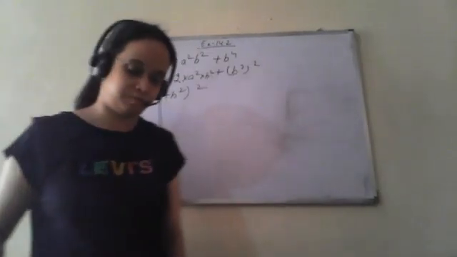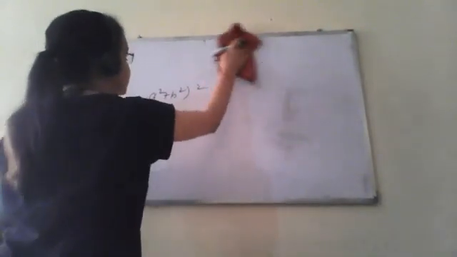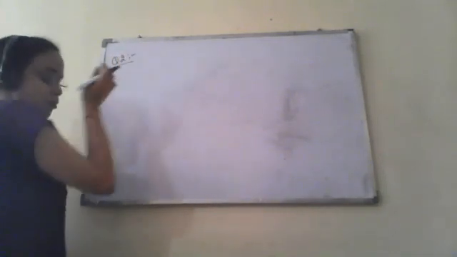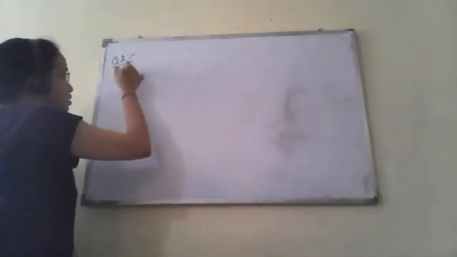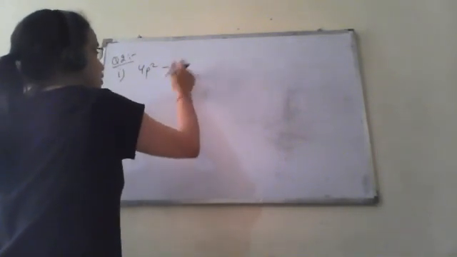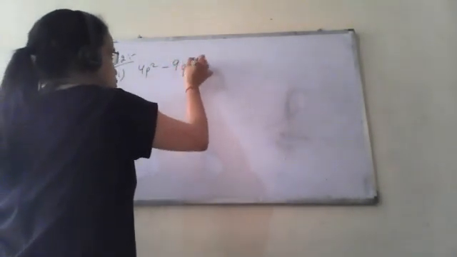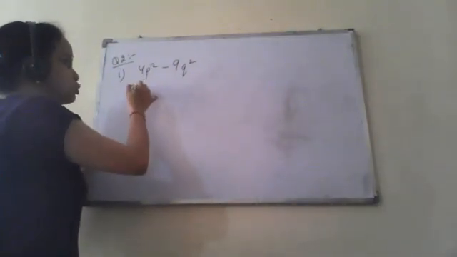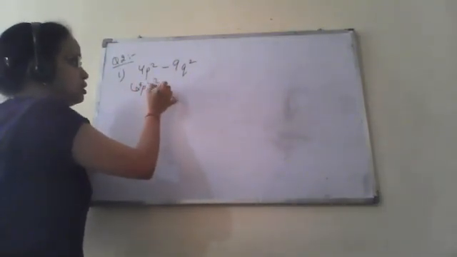So next question, question number 2. First part is 4p square minus 9q square. Clear? So this 4p square can be written as 2p whole square.